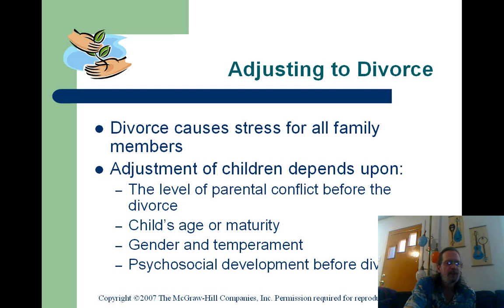Some people dispute that, but then they use their own research methods. How old the kid is and how mature they are, what their gender is, the level of development. Girls tend to be angrier at their new dads. Boys tend to be angrier at their new moms or significant others, or whatever you want to call it.